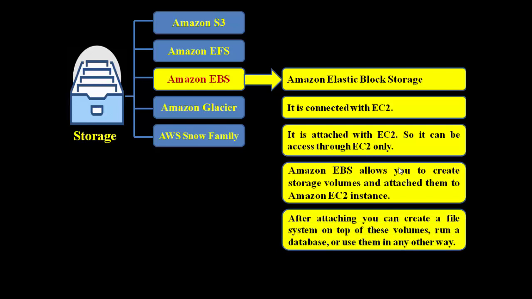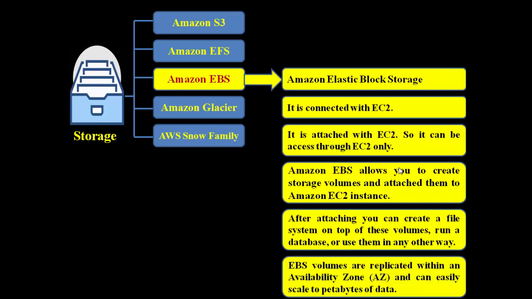After attaching, you can create a file system on top of this volume, run a database, or use them in any other way. EBS volumes are replicated within an availability zone and can easily scale to petabytes of data. So it is basically used for the virtual machine.